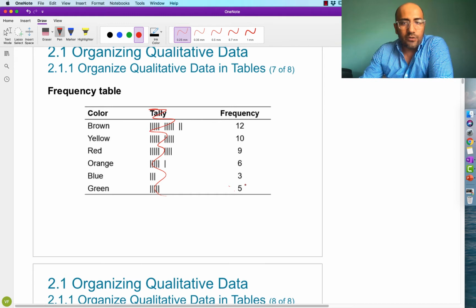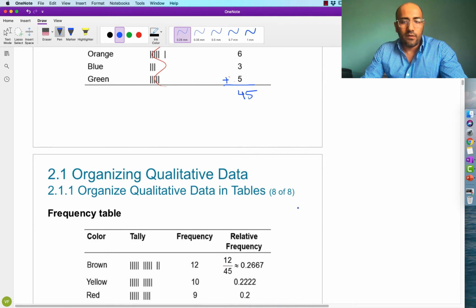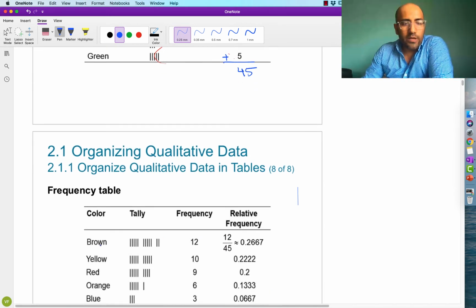So what we're going to do is add all of these up and figure out what the sum is, and put it in there. So if we add all of these up, we have 8, 14, 23, 33, 45. Looks like a total of 45.